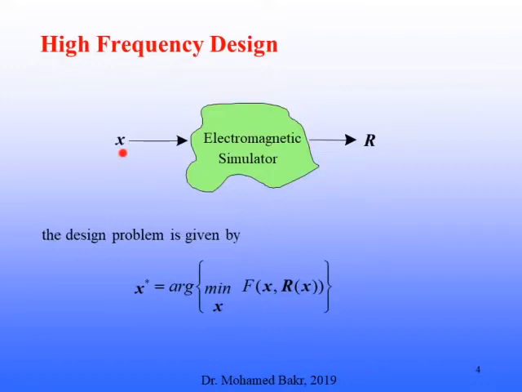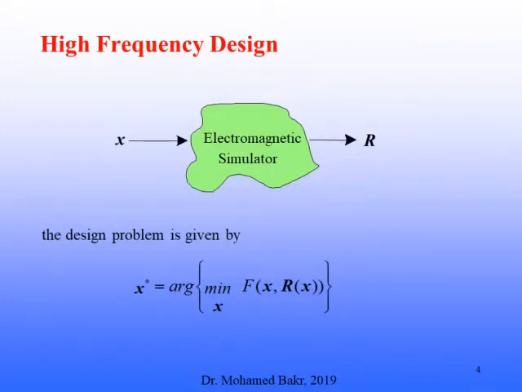You have the set of parameters x that determines the response: different dimensions, different material properties, and every time you give one set of these parameters to the simulator it will give you the electromagnetic response. The electromagnetic response could be S parameters in high frequency, or it could be the torque and its ripples and the average torque and so on in low frequency motor analysis.